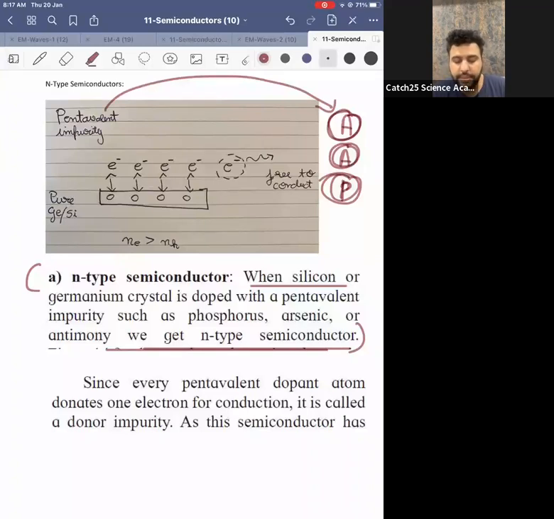Write down: silicon/germanium have 4 holes in the outermost orbit.